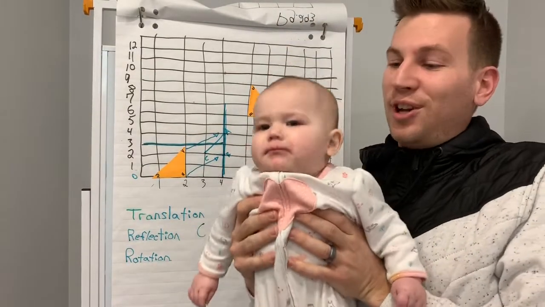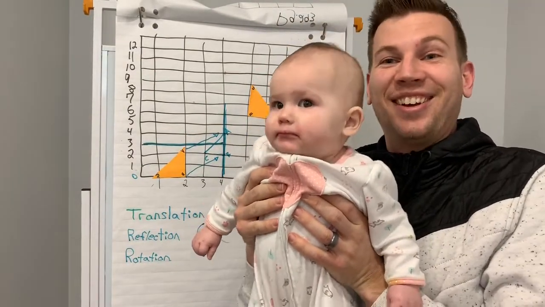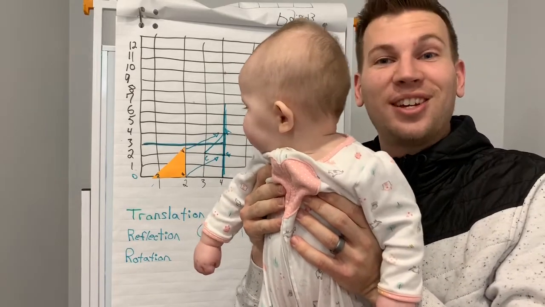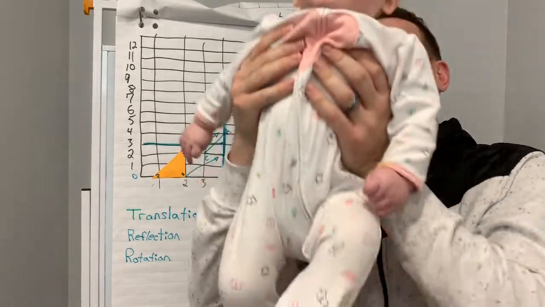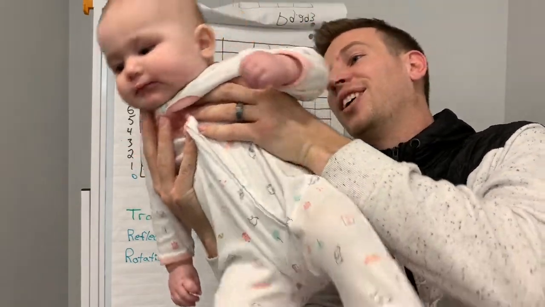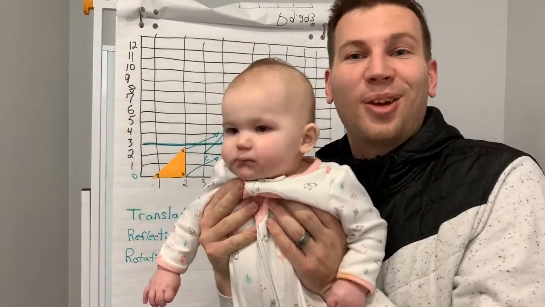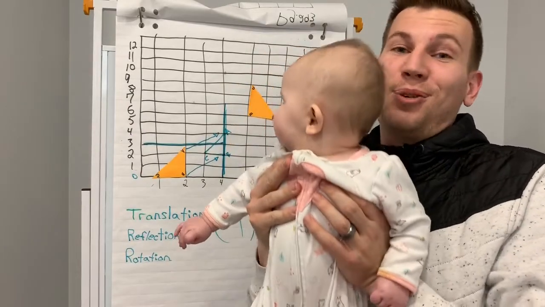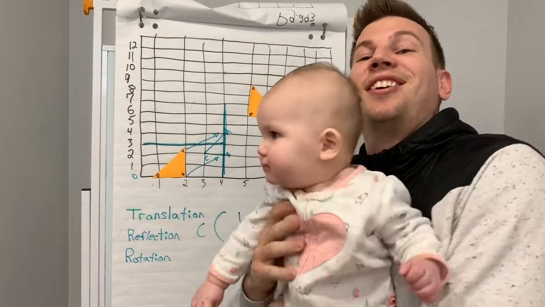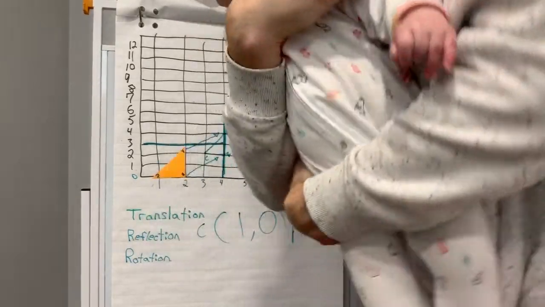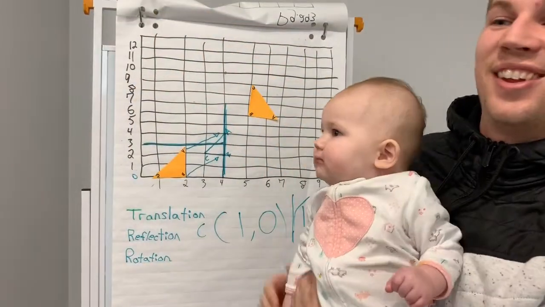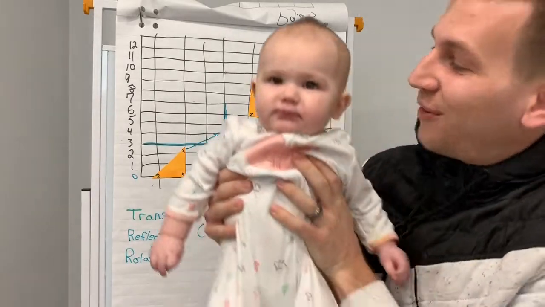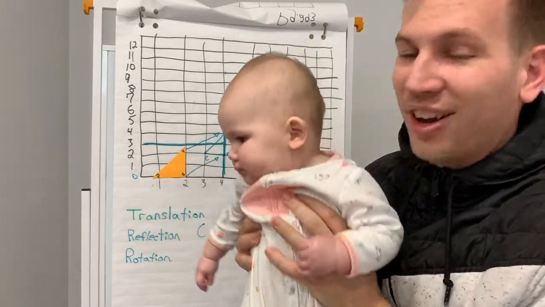If I took my kid and I said, hey, you're going to rotate 90 degrees, well, think about what 90 degrees looks like on your protractor, and it would make a right angle. So here she is straight, and there she's almost 90 degrees. If she was going to go 180 degrees, well, then I would have to go here, and then she'd go 180 degrees the other direction. Was that fun? No, kind of scary.